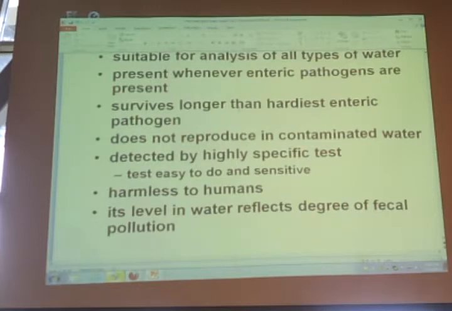Didn't you say that E. coli is an indicator organism? But it's not harmless. Regular E. coli is E. coli that's just happily living in our intestines. I mean, if it gets someplace it's not supposed to be.